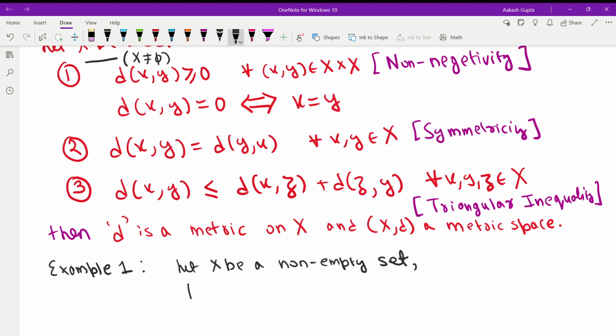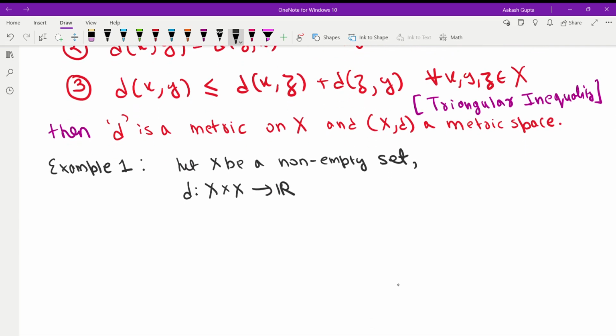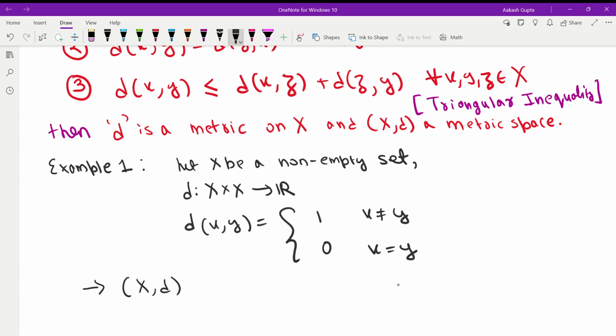Good. Now, let us define a map d, where d of x, y is 1 or 0. When is it 1 and when 0? It is 1 when x is different from y, and 0 when x is equal to y. This space you call the discrete metric space.